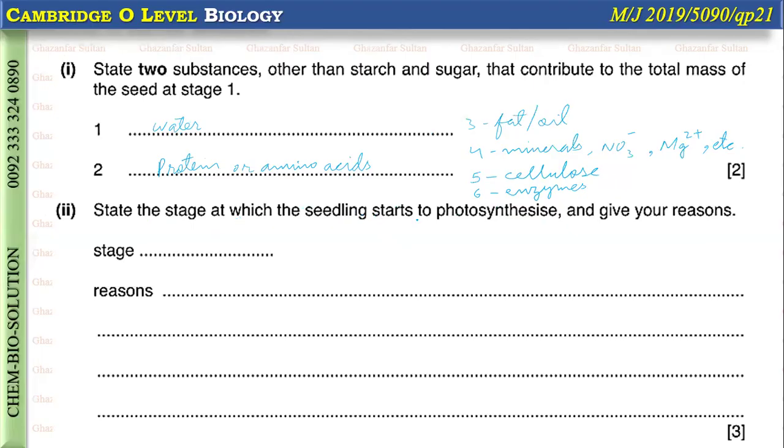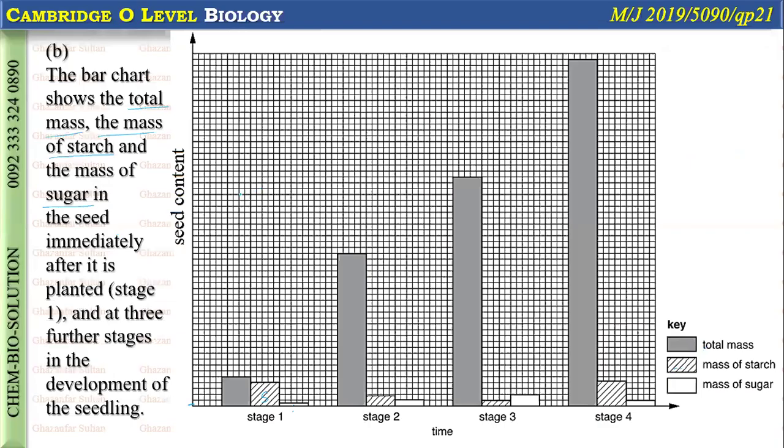State the stage at which the seedling starts to photosynthesize and give your reason. Initially, any seed has starch that is utilized and converted into sugar to get energy. But whenever photosynthesis starts, then starch is produced again.